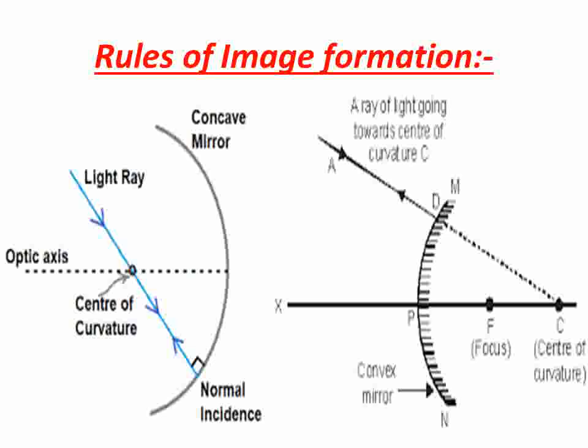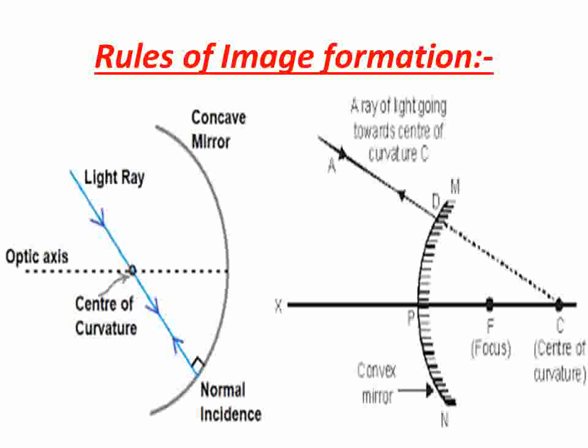Therefore, it is reflected back on the same path. There is a single line shown in the figure: the incident ray and reflected ray both trace the same path.